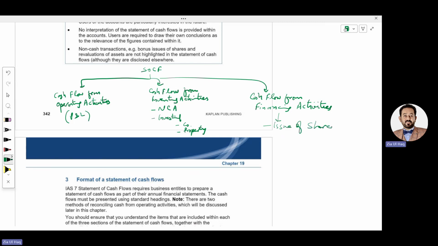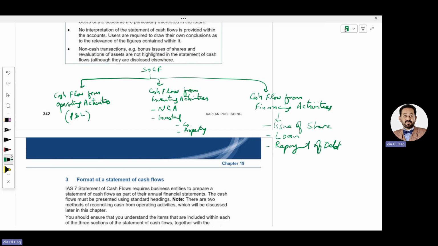How much cash did the company receive by issuing shares? The company can take money through a loan. Or the company pays money as a repayment of loan. Loan is also called debt.